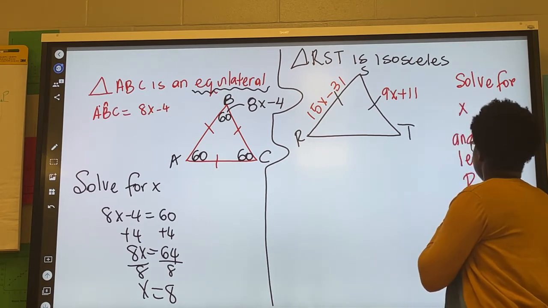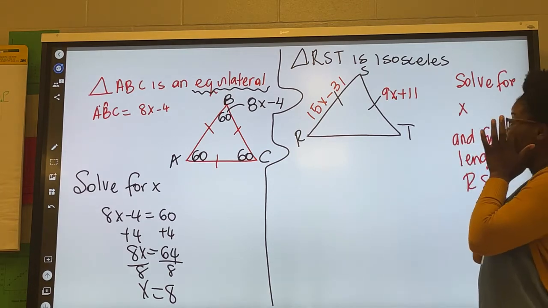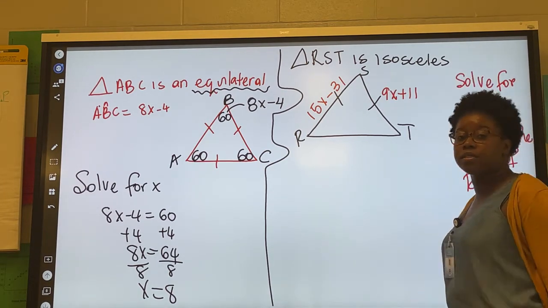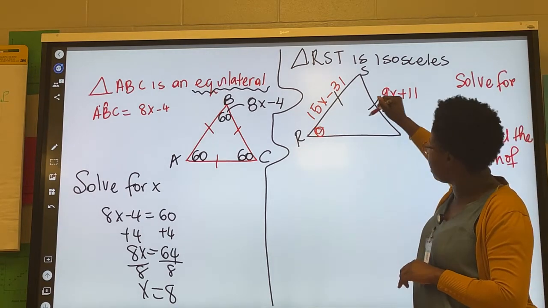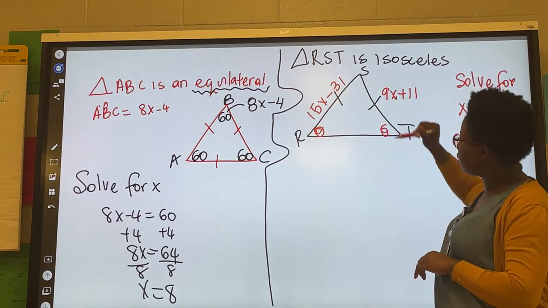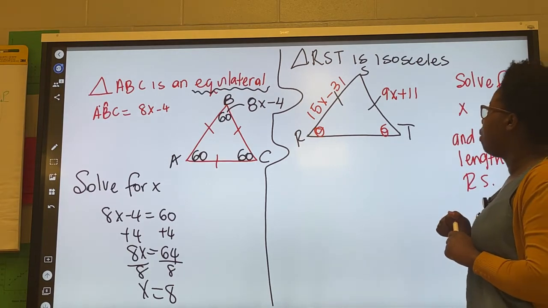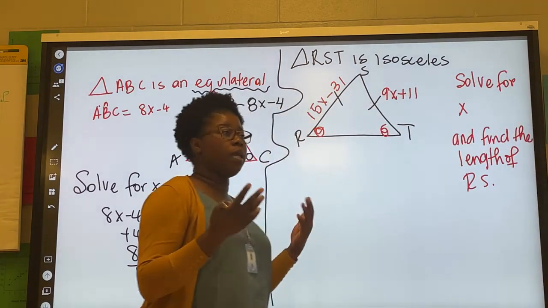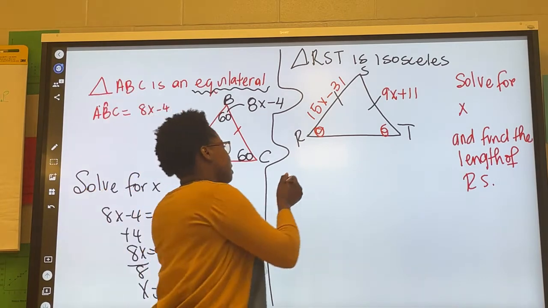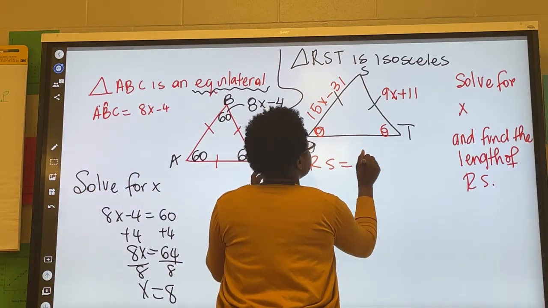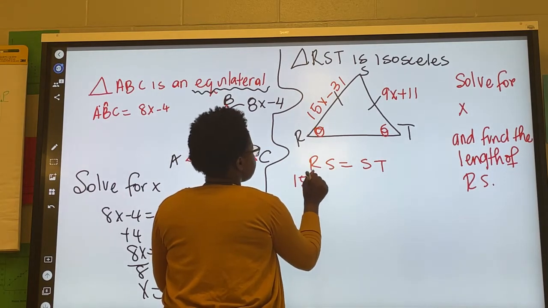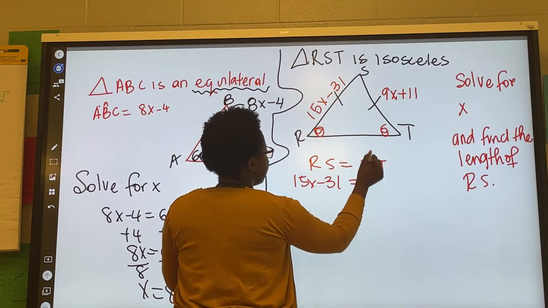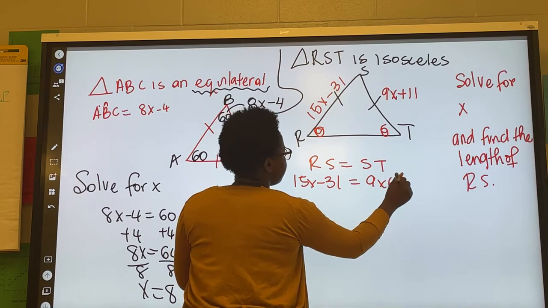RS. So let's go. So isosceles triangles, two sides are equal, base angles are also equal. That means this angle is equal to this angle. So what we know is that they're equal, so we can equate these sides to each other. So we can say RS is equal to ST, and RS is 15x minus 31, ST is 9x plus 11.